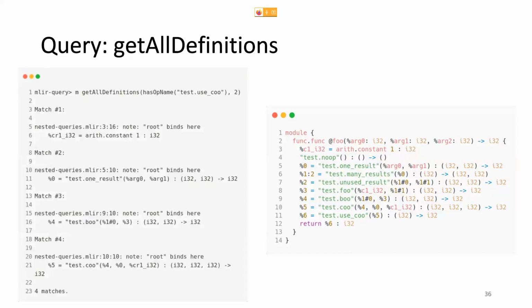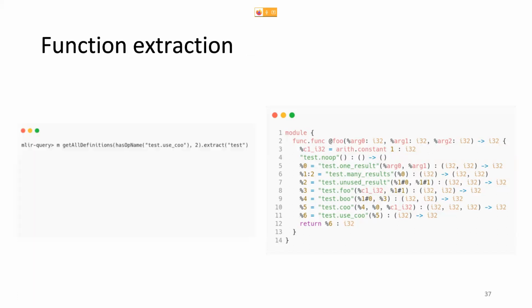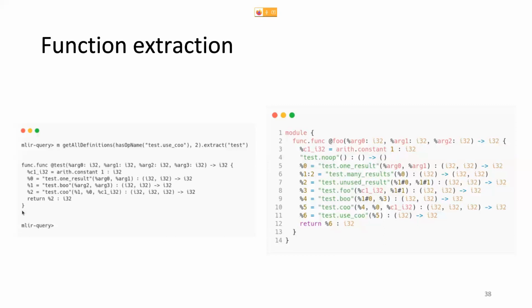So in this case, we have these matches for test.co, 2 steps back, and we have 4 matches. I am showing this just to show you how the extract function works. So once you have all those matches, you can simply add a dot extract with a test string, so that you get a func.func test and a new function.